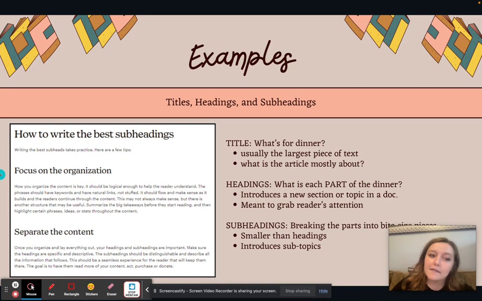Here's the regular text. This is a subhead. We get even more specific. This is where I can skim, and I don't even have to fully read to get the main idea. So I know focus on the organization is going to be what they talk about here. I know separating the content is going to be what they talk about here. And both of those topics belong to this topic. And then this header belongs to the title, which is all about subheads.